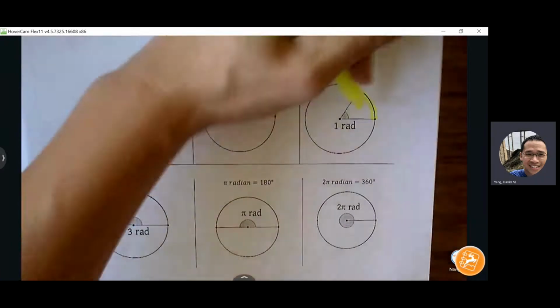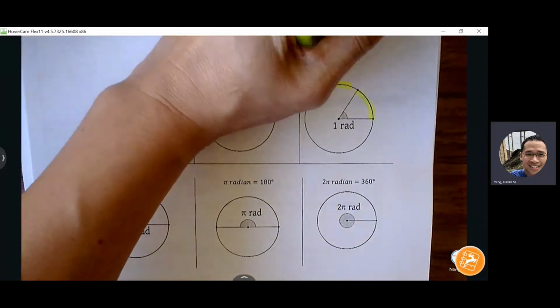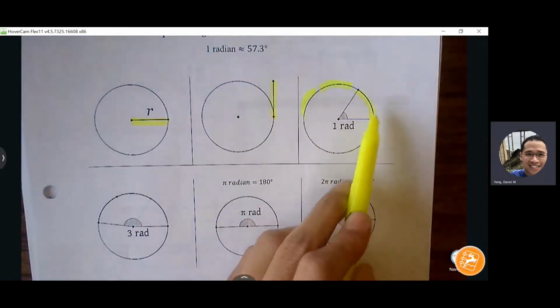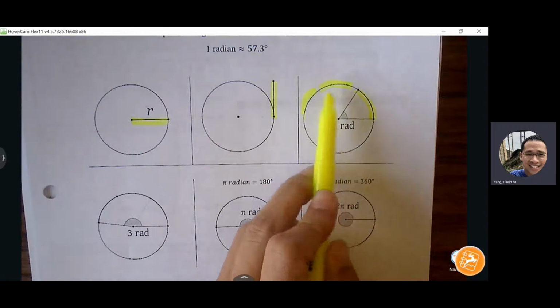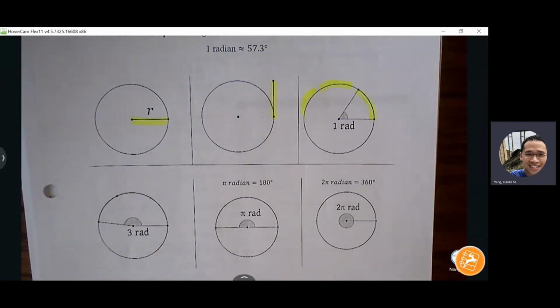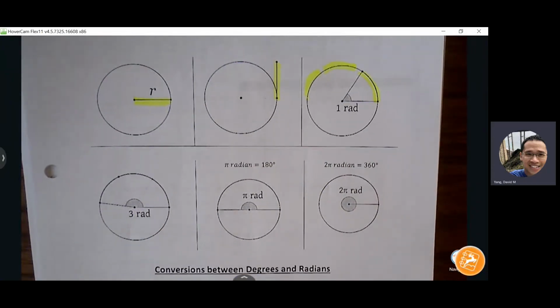So if you look here, 1 radian, 2 radians, 3 radians. So that's basically pi. 3.14 radians is pi, and pi is 180 degrees. Pi will take us halfway around the circle.